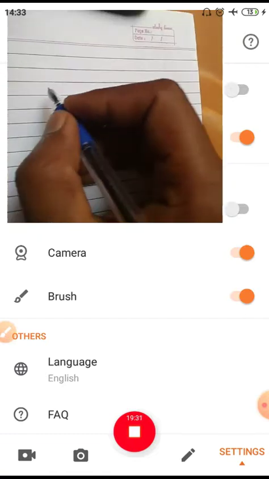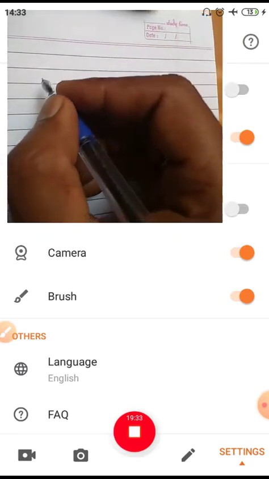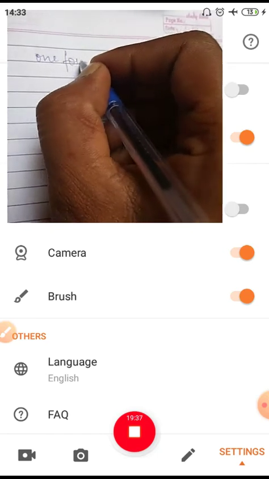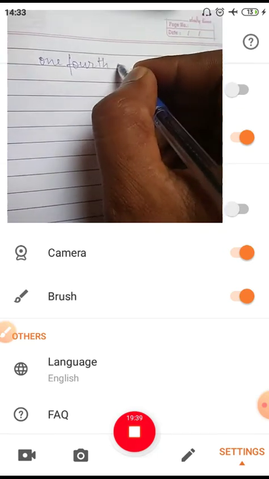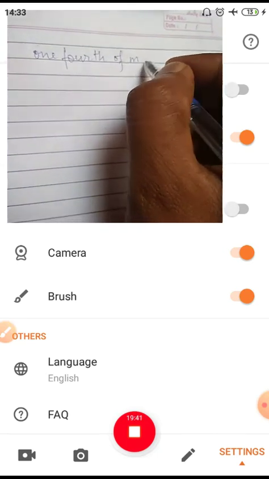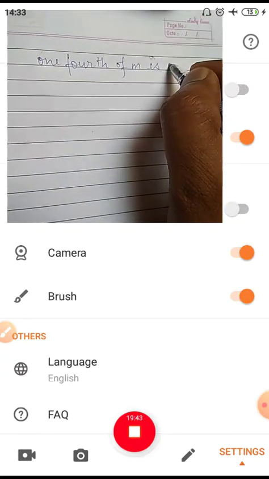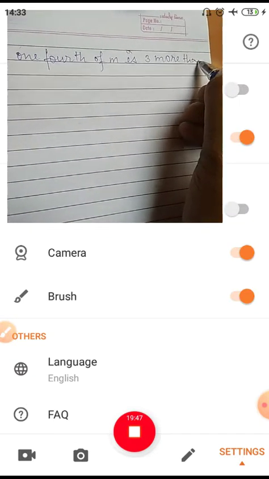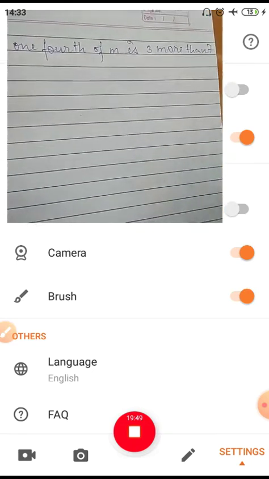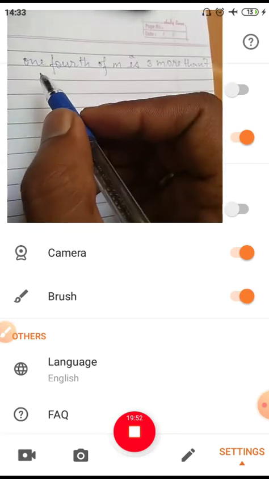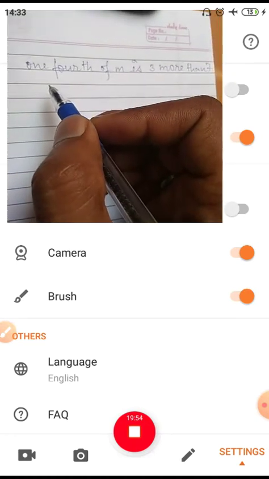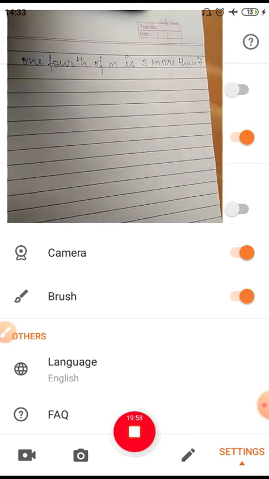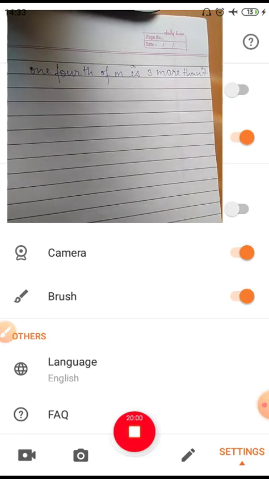Now, 1/4 of m minus 7 is 3. What will you write in equation form?